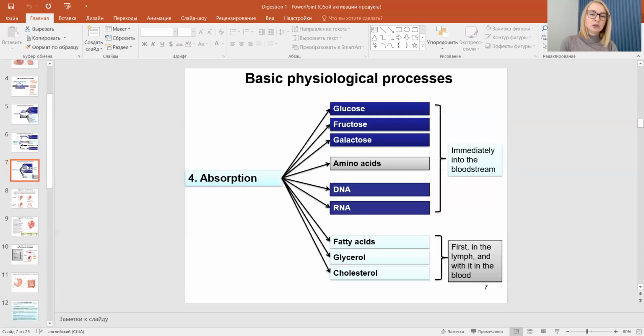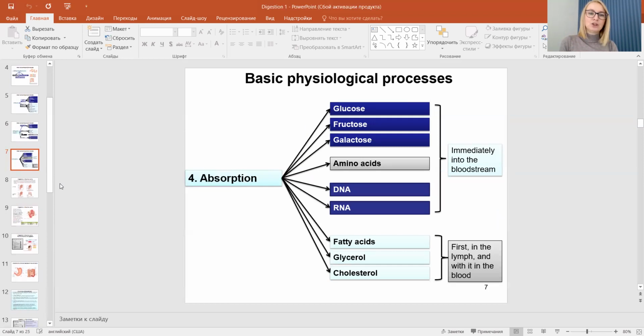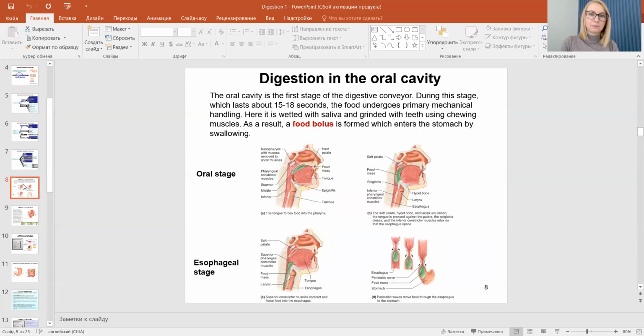And the next function of the digestion is absorption. In the small intestine, digestion is completed and most absorption occurs. Through the process of absorption, the small absorbable units that result from digestion, along with the water, vitamins, and electrolytes, are transferred from the digestive tract lumen into the blood or lymph.